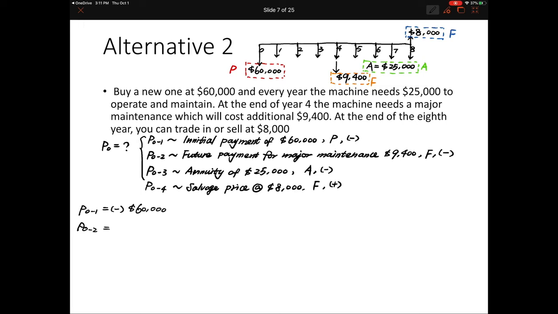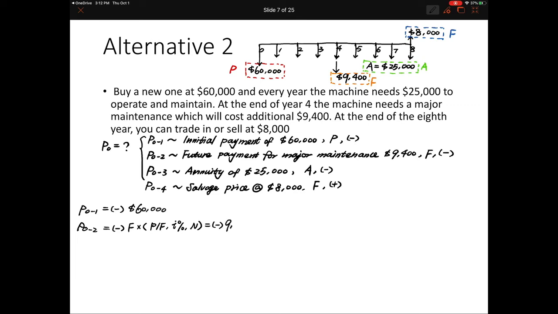P02, the part 2, is from the 9,400 future value, so negative. The equation is for looking for present value given future value. So it's going to be F times a factor to find the P given F, I percent, N.